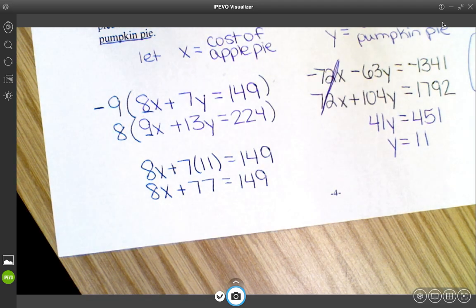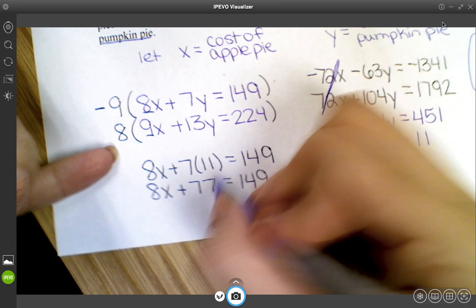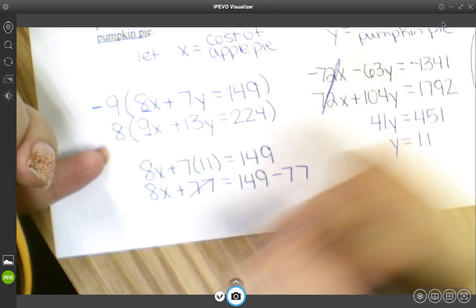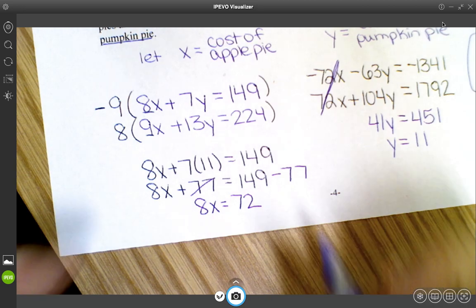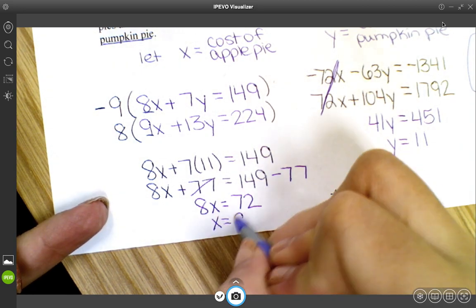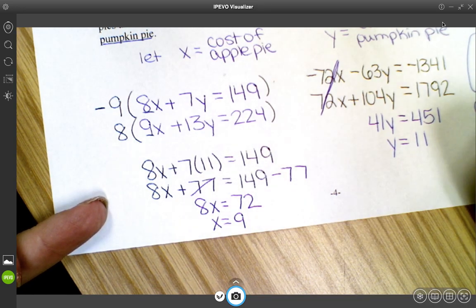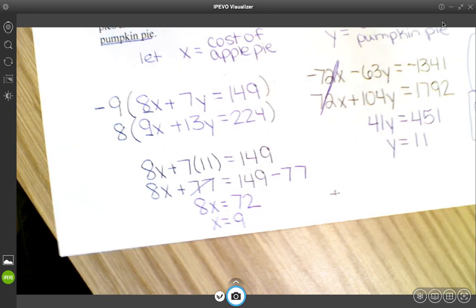I'm running out of room, so I'm going to just write minus 77 here to get 8x is 72. What's 72 divided by 8? 9. All right, so then that tells us our apple pie is going to cost $9 for the fundraiser.